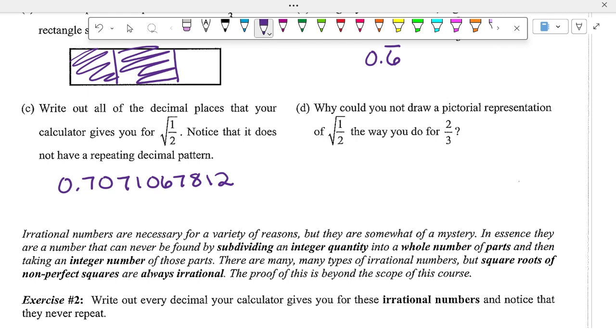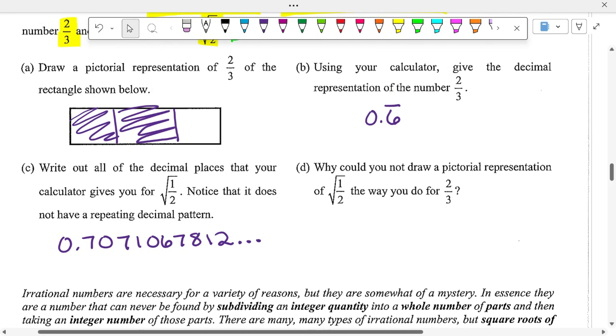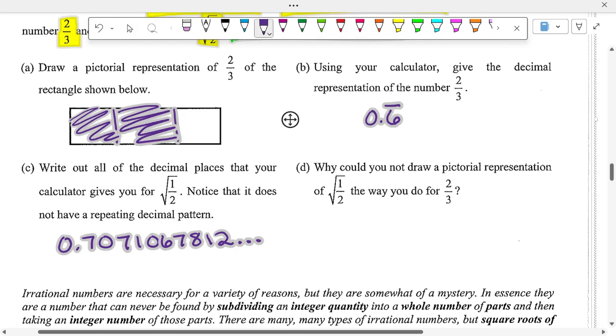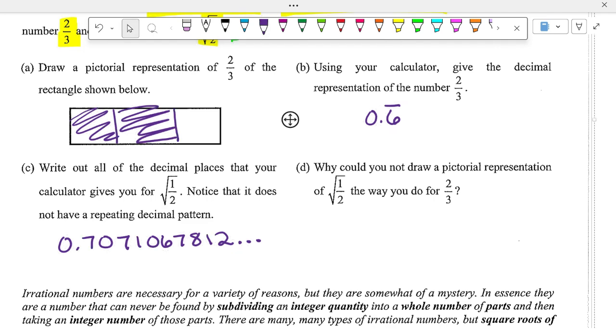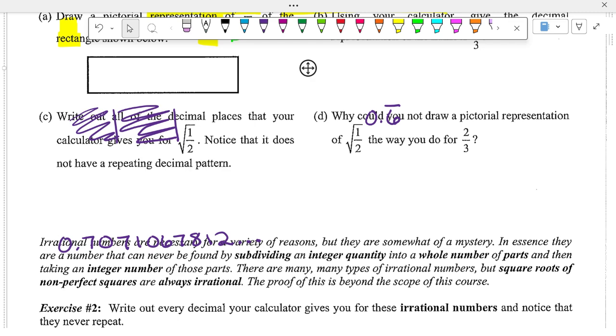So if we want to draw a picture version of the square root of 1/2, why could we not do that? Right. It's not a pretty fraction. Like if we could do about 66% of this bar here, all right, because it's 2/3. If we used a ruler and did exactly, it's a very easy measurement.